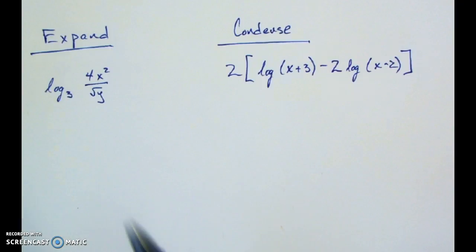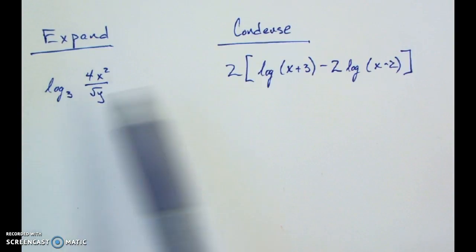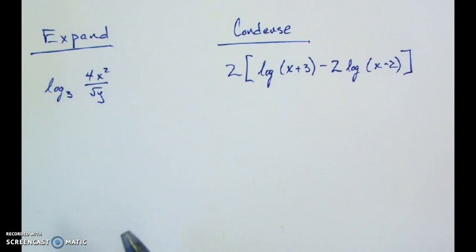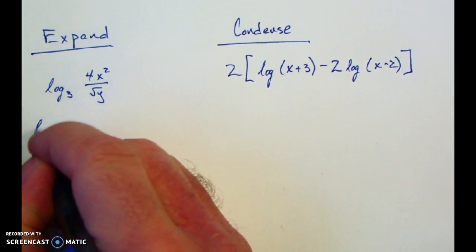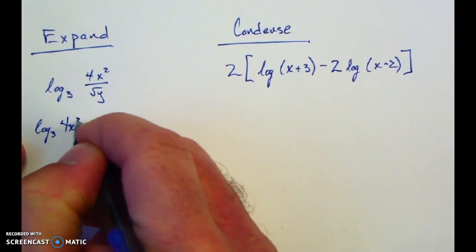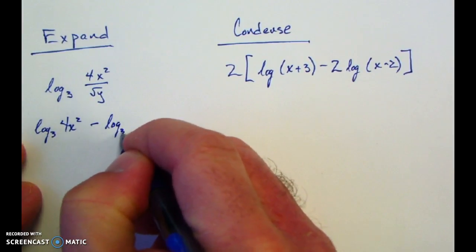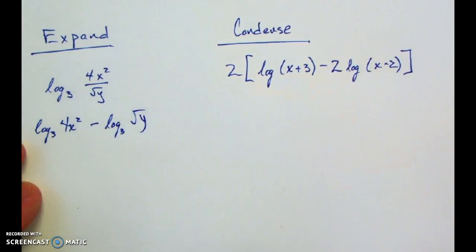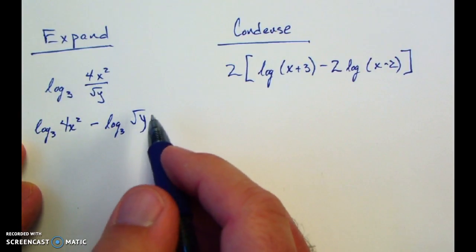Next two examples, we're going to use those same properties to either expand this logarithm or condense this one. Again, still using those same properties, now expanding or condensing. So for example, the division here, we could separate this. We're talking about log base 3 of 4x squared minus log base 3 of the square root of y. Square root of y is the same as y to the 1/2.